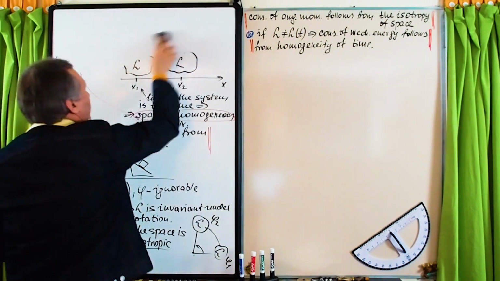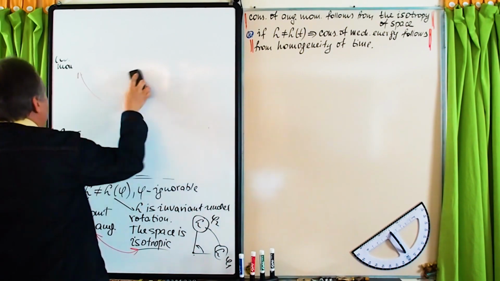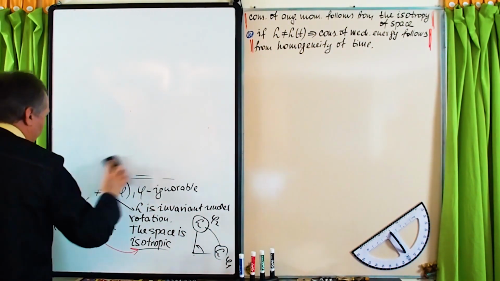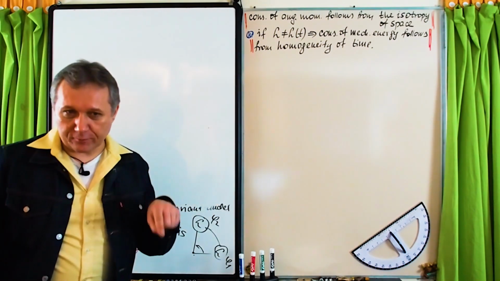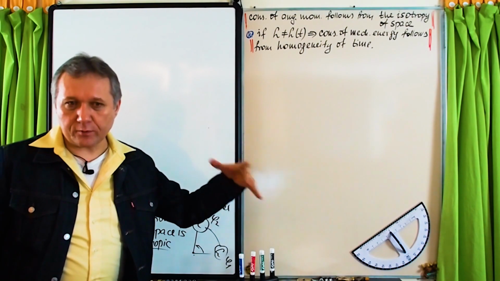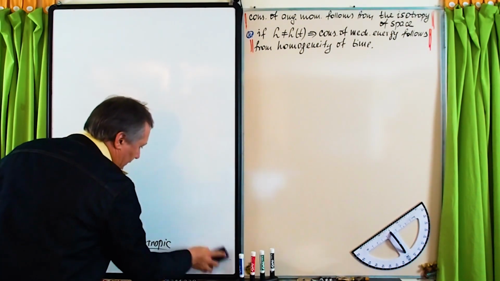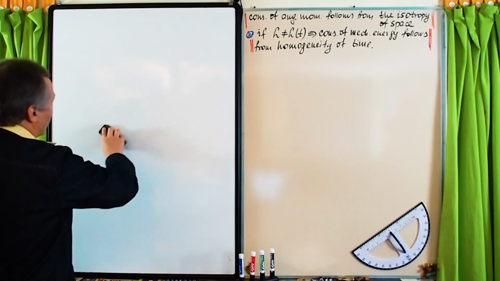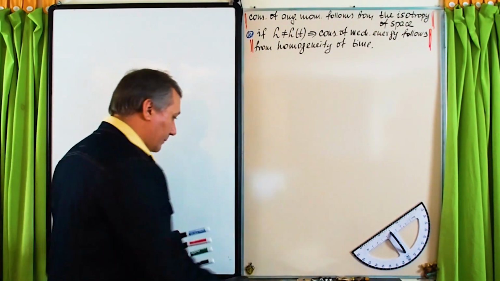Before we go into chapter 8, let's introduce the central forces, which is done in this book in chapter 4. But I usually skip it in chapter 4 and just move it to this point of the course. So first, let's introduce central forces, and then we will start discussing the two-body problem.